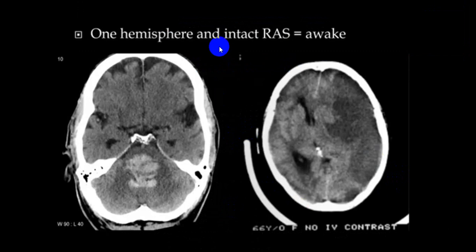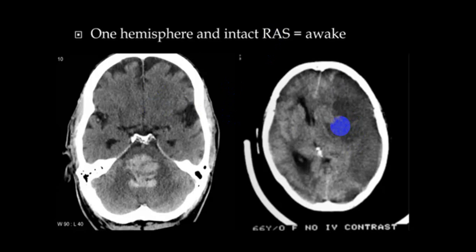So a person may be fully awake if one hemisphere is involved, because there is an intact reticular activating system. So a person can be awake in spite of cerebral damage. But even in unilateral damage, if the damage is more, it can produce raised intracranial pressure secondary to cerebral edema.